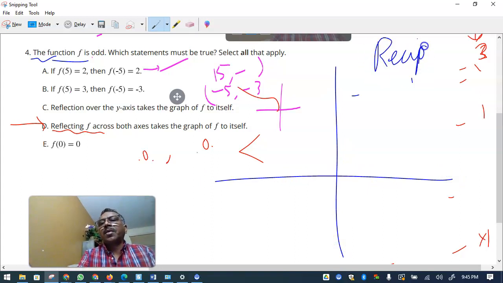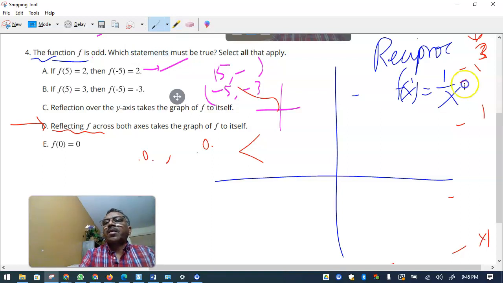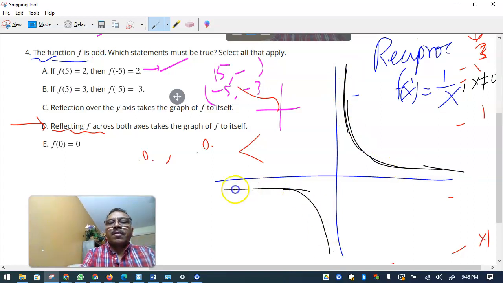What is a reciprocal function? A reciprocal function is f of x equals 1 over x. And what it means is, x cannot be zero, right? You can't have that input. You can see clearly any point over here reflects right here.